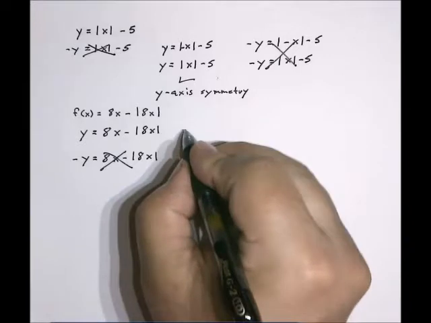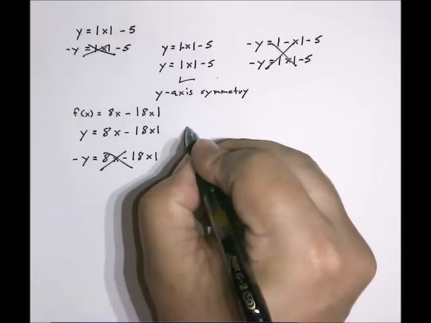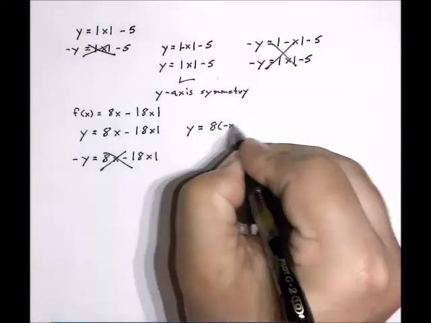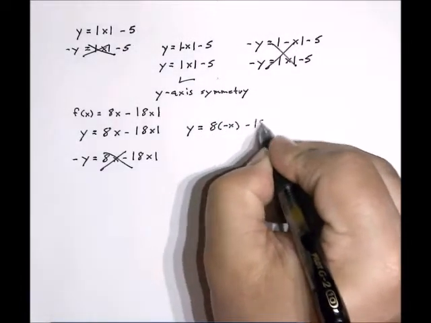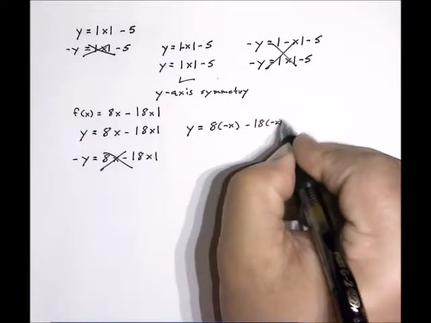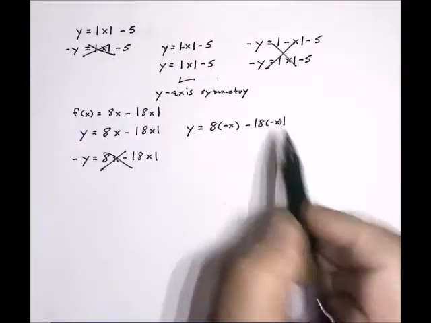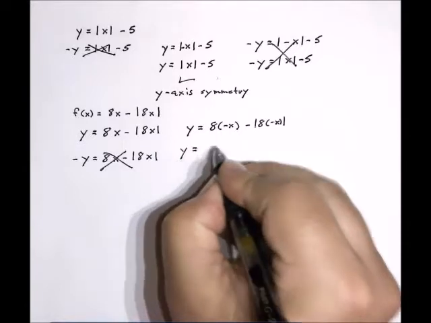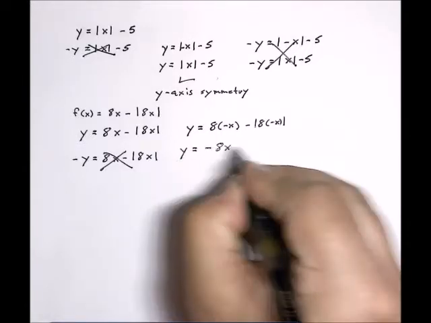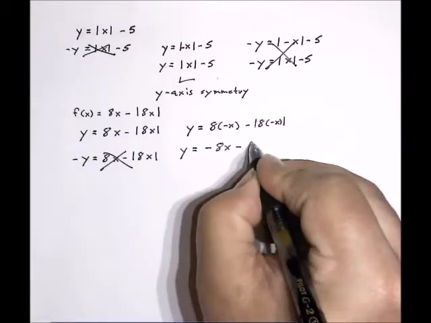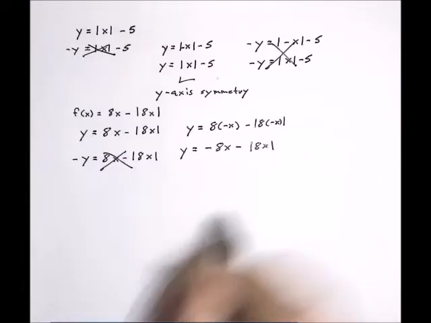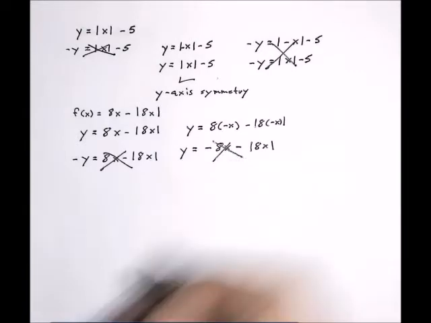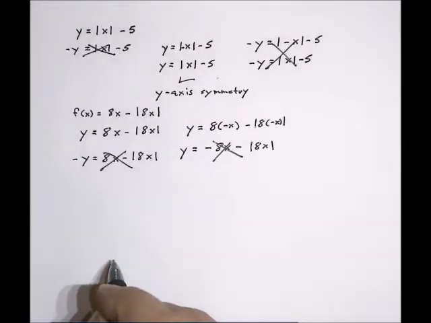Let's try y-axis symmetry. And we test for that by replacing x with negative x. And again, the absolute value gets rid of the negative, but we have that negative there to contend with. And again, we don't get the same equation out, so we don't have y-axis symmetry either.